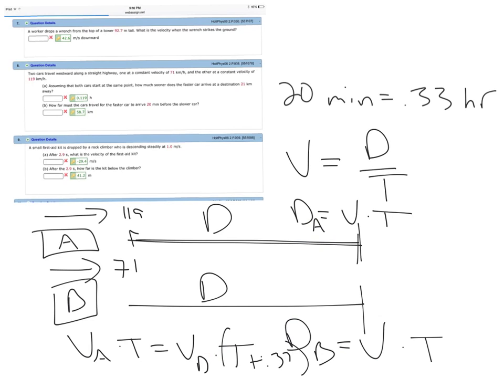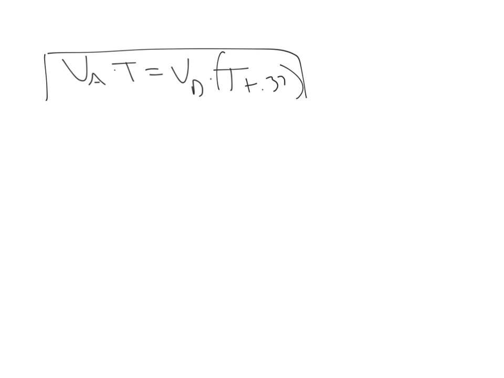And so now I can plug in my velocity for car A here, my velocity for car B here, and solve for time.